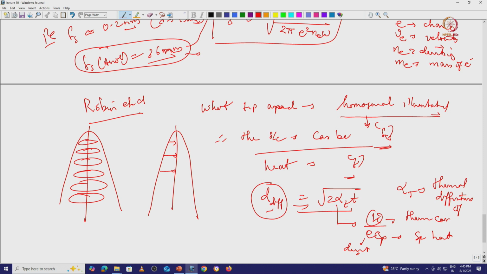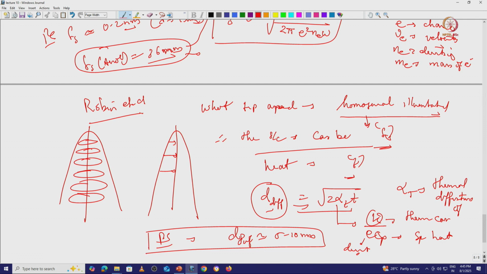So for a pulse of a few picoseconds, the distance of diffusivity is around 5 to 10 nanometers for a laser on the tip material.